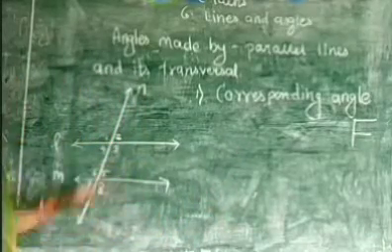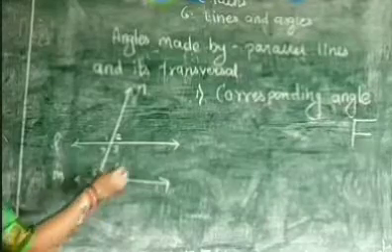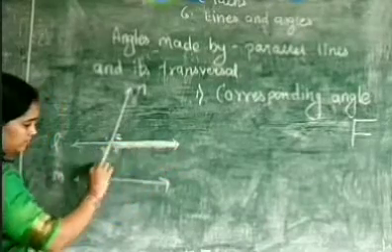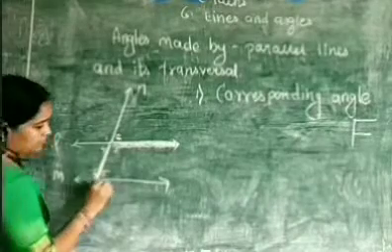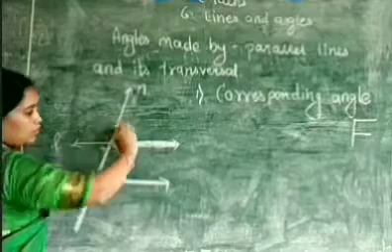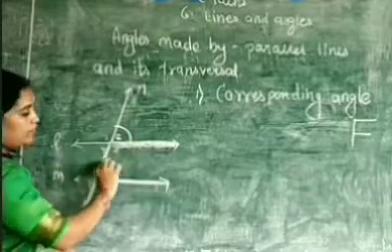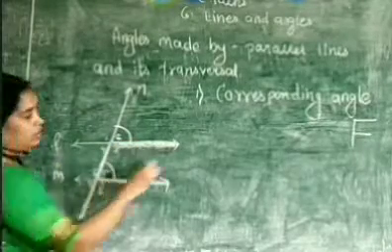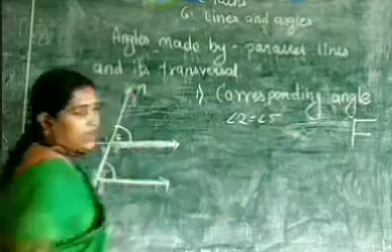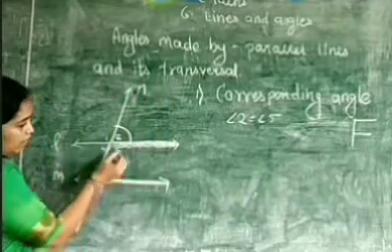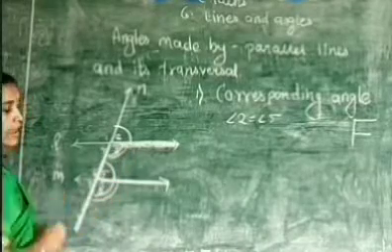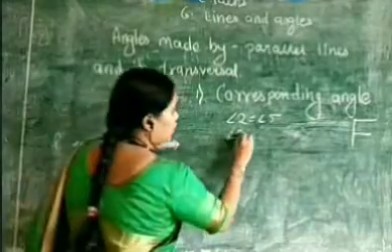Now, which are the corresponding angles from the diagram? Here I am getting F. So angle 2 and angle 5 are equal. They are corresponding angles. Angle 3 and angle 8 are also equal.